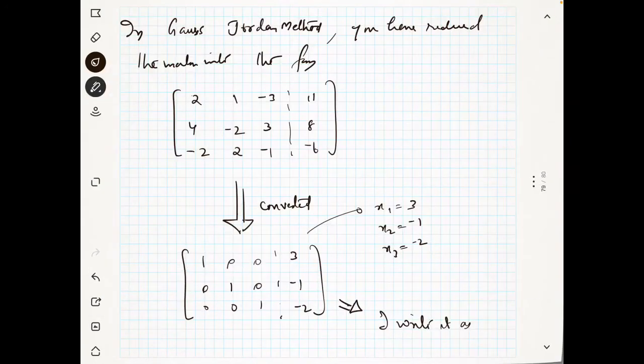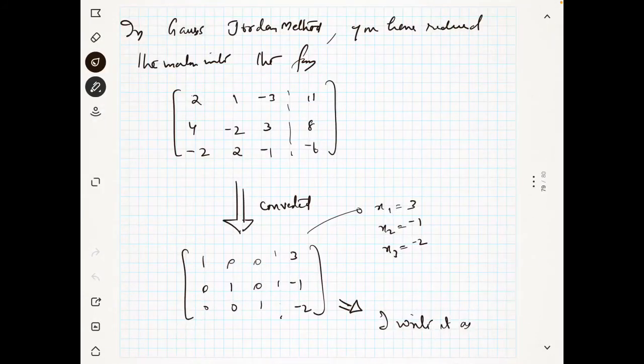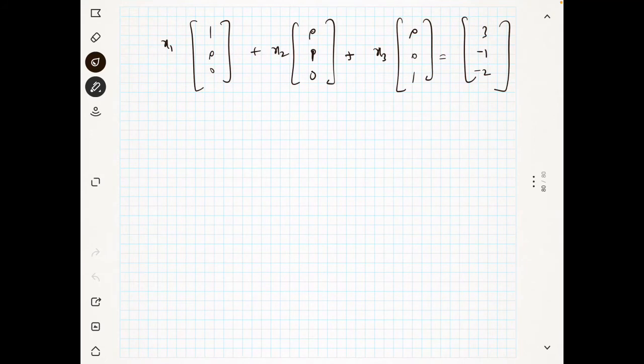Similarly, if you are using the same x1 for this equation, particularly this one, that means x1 into 2 4 minus 2, this is the last form, and this is the original form.